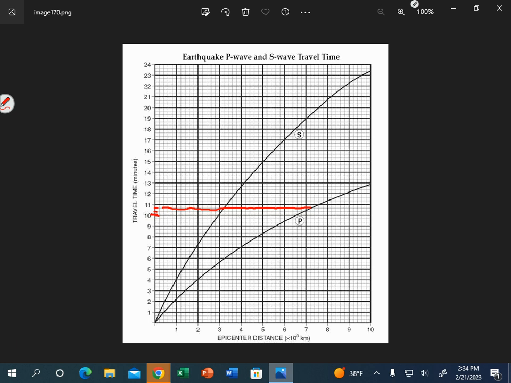We're going to stop right there at what's called a point of intersection. That point of intersection is where the P wave line and also our 10 minutes and 40 seconds intersect. And you can see that line right there where the red and the green lines intersect.